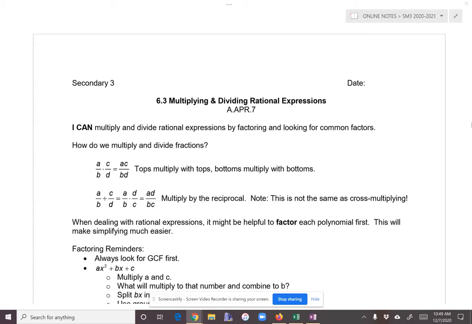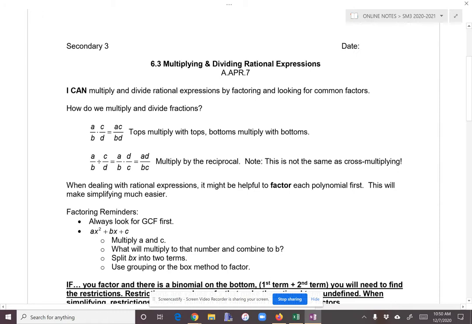Okay, you guys, 6.3 is about multiplying and dividing rational expressions. The main thing you need to understand is that rational expressions are just fractions with polynomials. That just means we've got x's and x squareds on top and on bottom, but we're going to multiply and divide them.